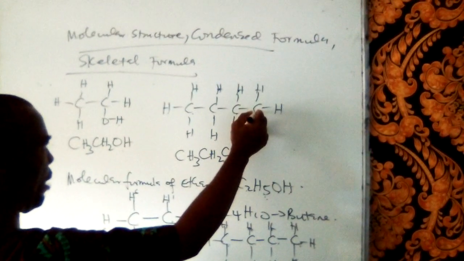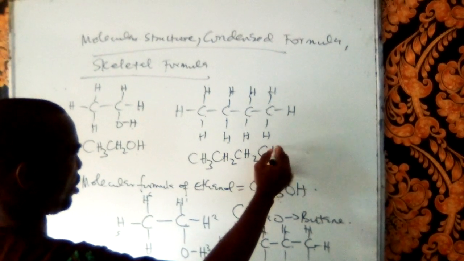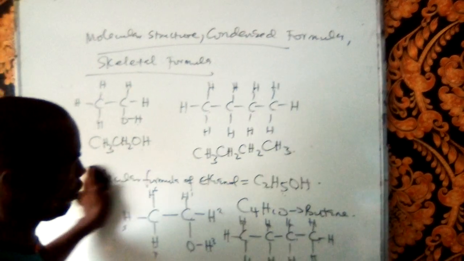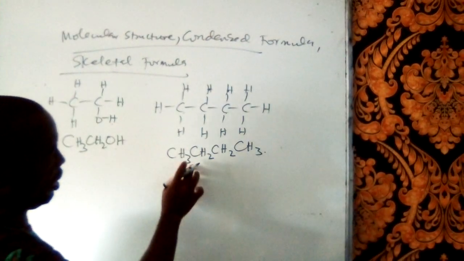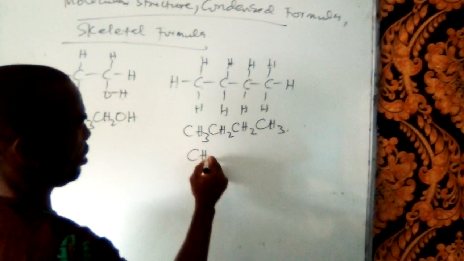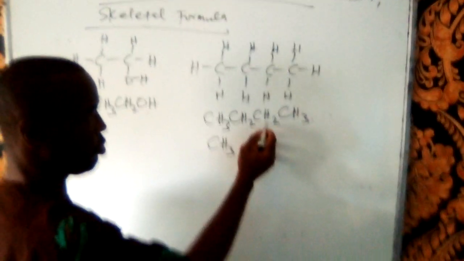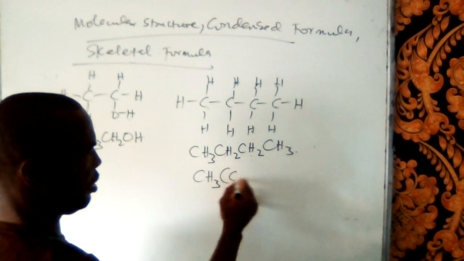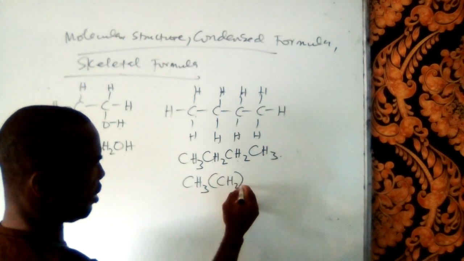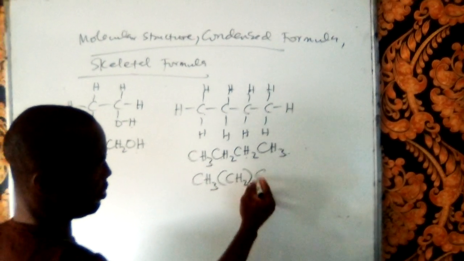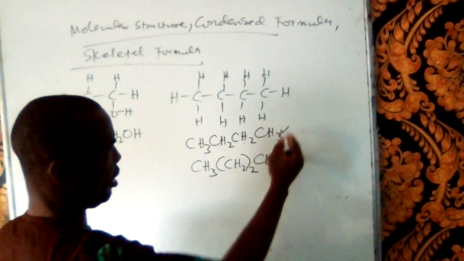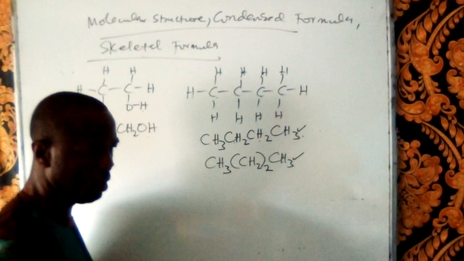Then fourth carbon with 3 hydrogen, that is CH3. So this is the condensed formula of butane. We can write this formula as CH3. Since the methylene group occurs 2 times, we can write CH2 in brackets with 2 outside, ensuring that it is repeated 2 times, and then CH3. The 2 are implying the same thing.